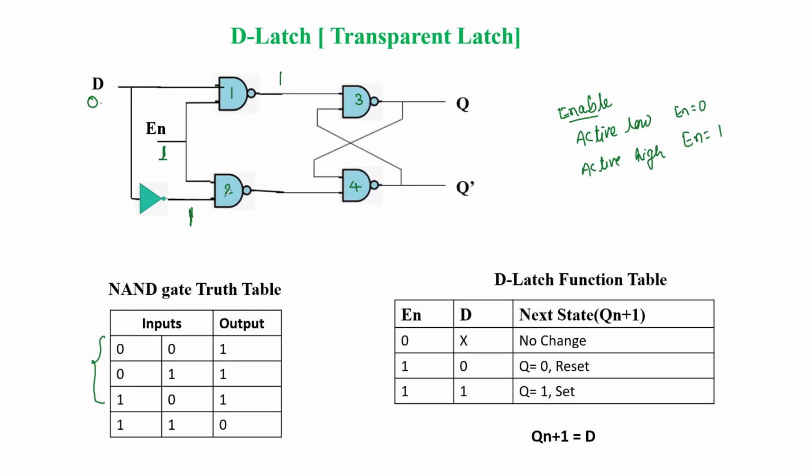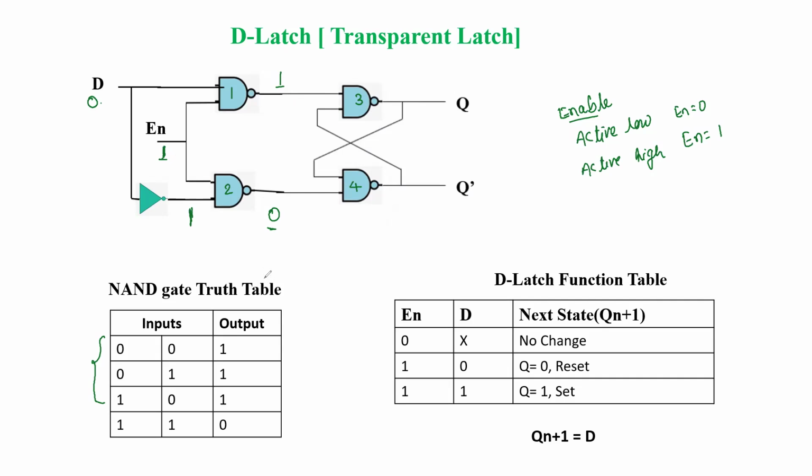And for the NAND gate 2, inputs are 1, 1. Both inputs are 1. So here output will be 0. Now to the NAND gate 3, one input is 1 here that we have from the previous NAND gate. And for the NAND gate 4, we have one input that is the 0.